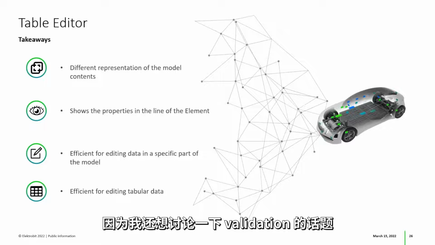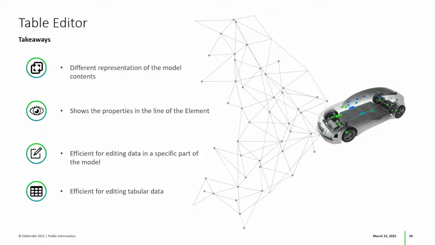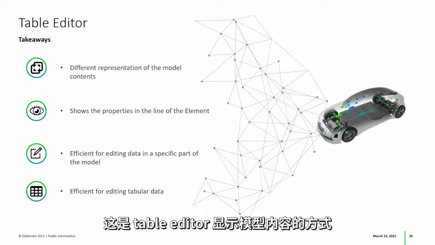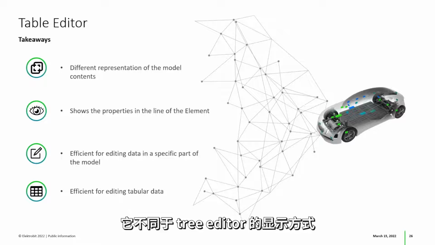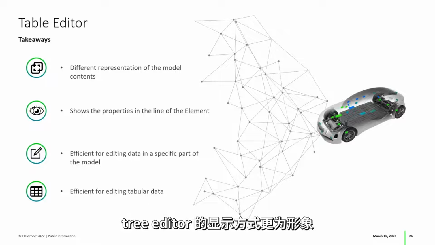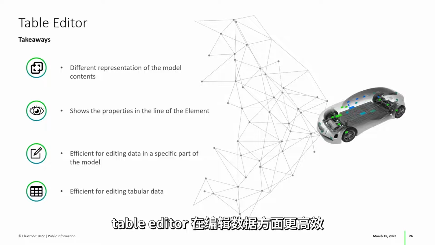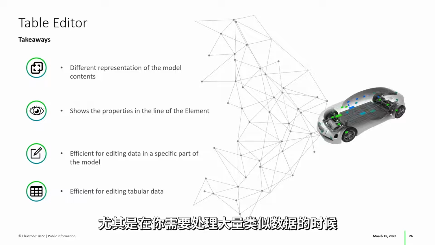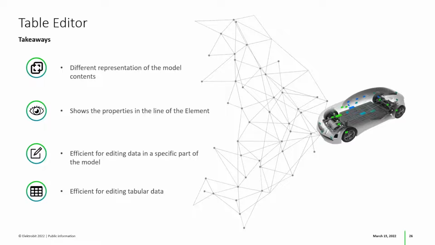because I want to go into validation also. So it's a different representation of the model contents with the table editor. As you saw, the tree editor is more visual, but the table editor is much more efficient to edit data, especially if you have a lot of similar data there.